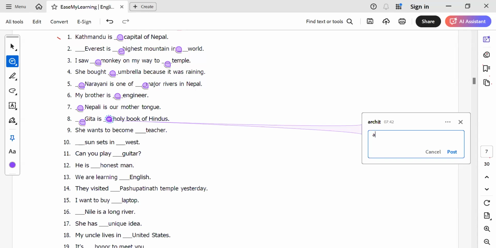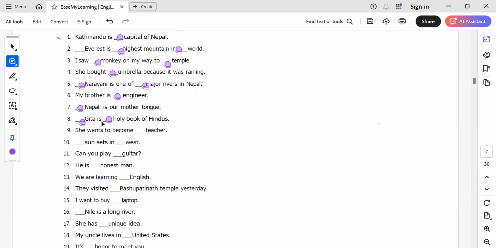If we say Quran, then there's just one holy book. But here we are referring to a religion which has multiple holy scriptures. So we say a, not the. This was a slightly tough question, but I hope you understood the concept slightly better.